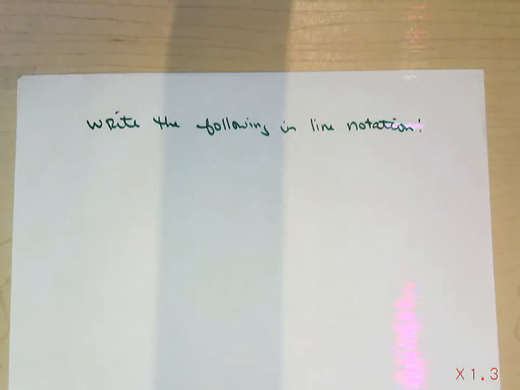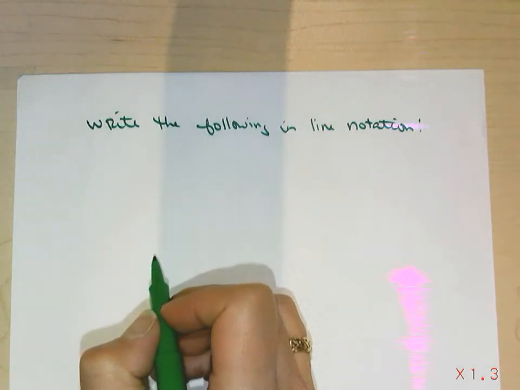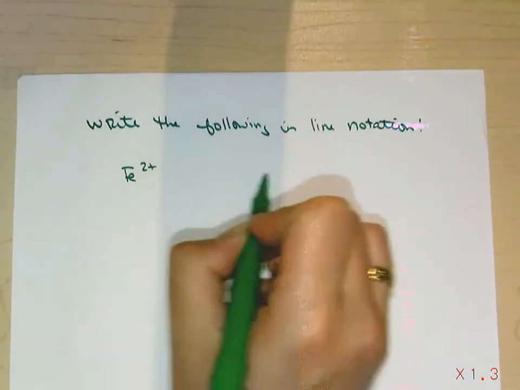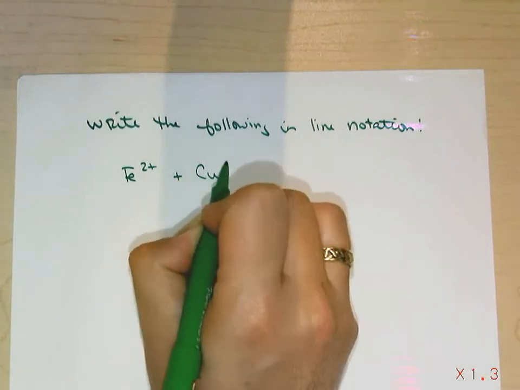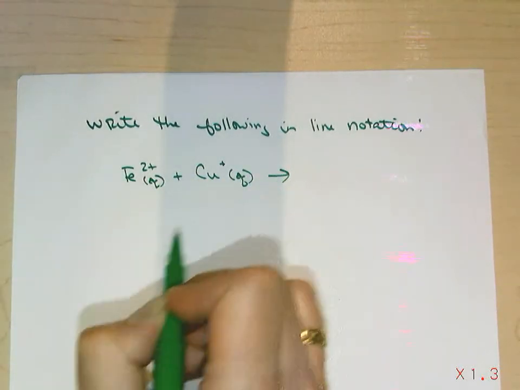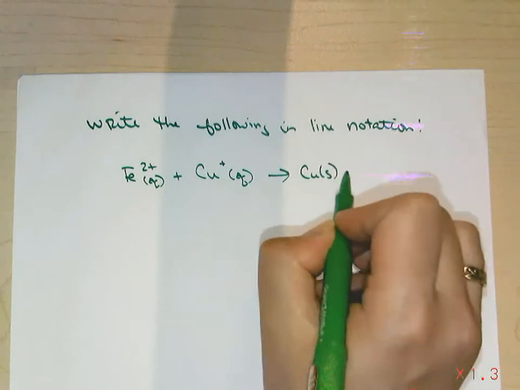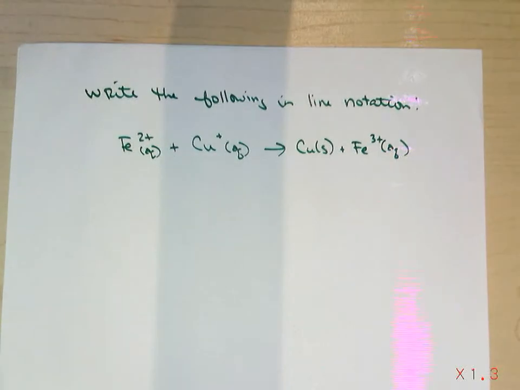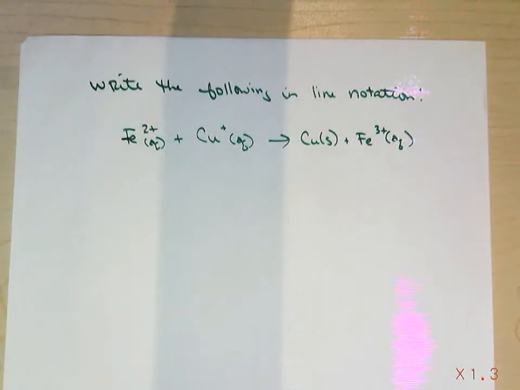Let's say I have, that's an F. I don't think it's an F. So I have iron 2 plus and copper 1 making a copper solid and some iron 3+. Which element is being oxidized? The iron or the copper?